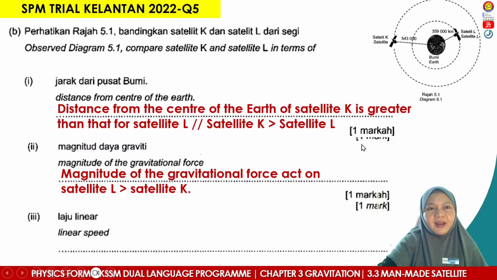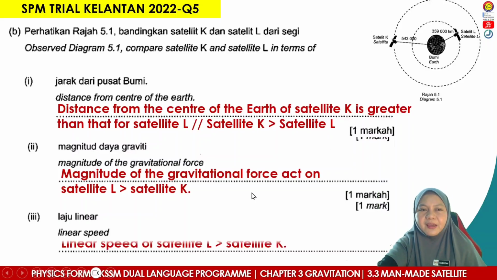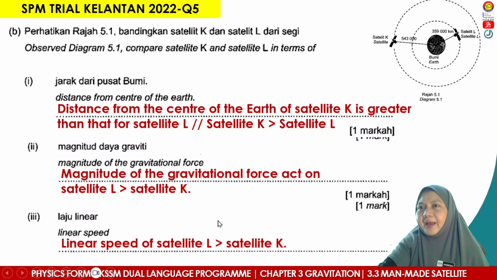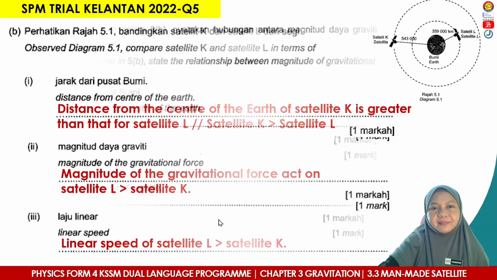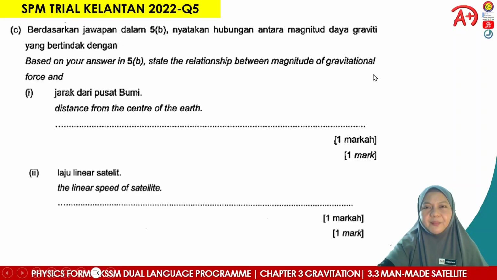Okay, and what about the linear speed? Yes, the linear speed of satellite L is greater than satellite K. Then C, based on our answer, you have to state the relationship between magnitude of gravitational force and distance from the center. So how do we relate them? Very good.